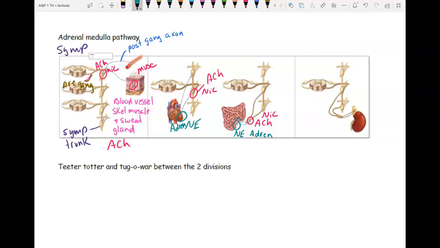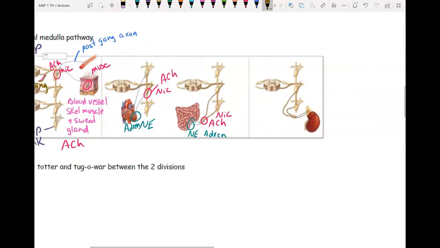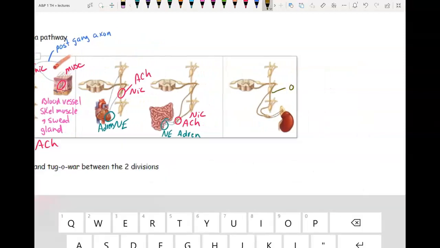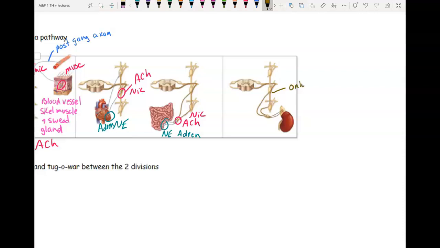The adrenal medulla pathway, remember, is unique. It's the exception. So here we have only preganglionic. Notice you go through the ganglia, but there is no synapse in the ganglia.